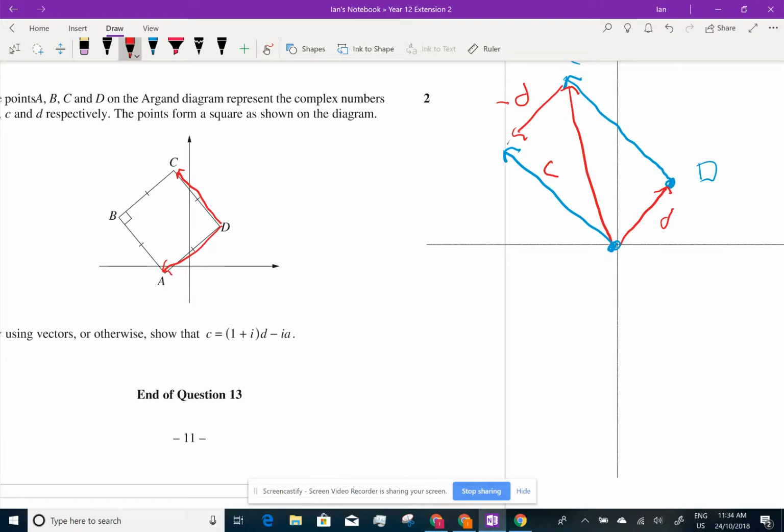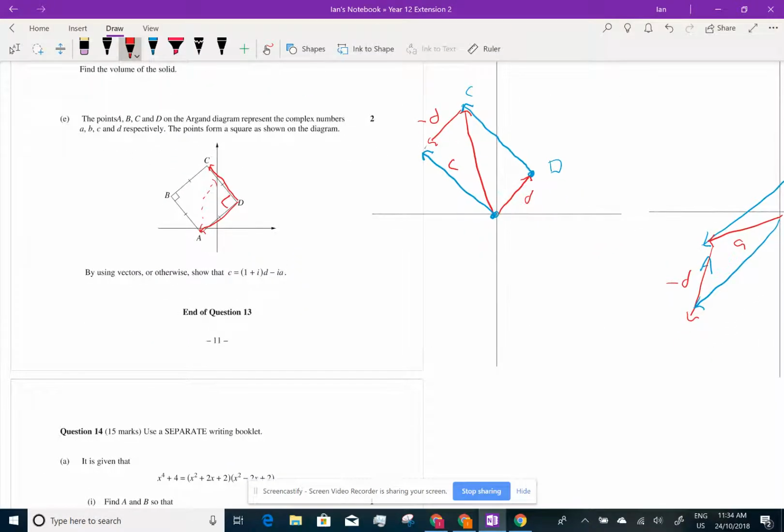It's just DC is DA moved 90 degrees this way. Well, that's okay. I know how to move things on the number plane. I know that if I want to rotate this way, I multiply by i. And if I want to rotate back the other way, I just multiply by negative i. So now I know that.